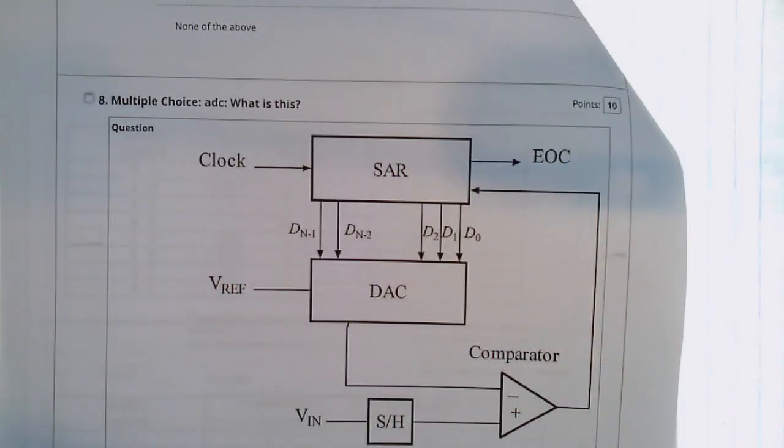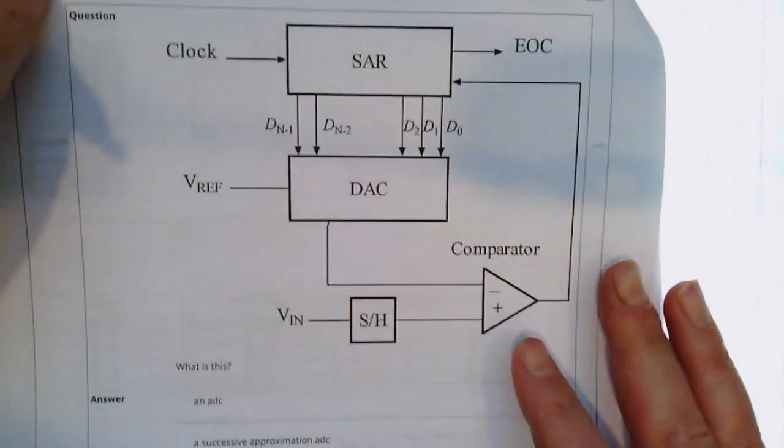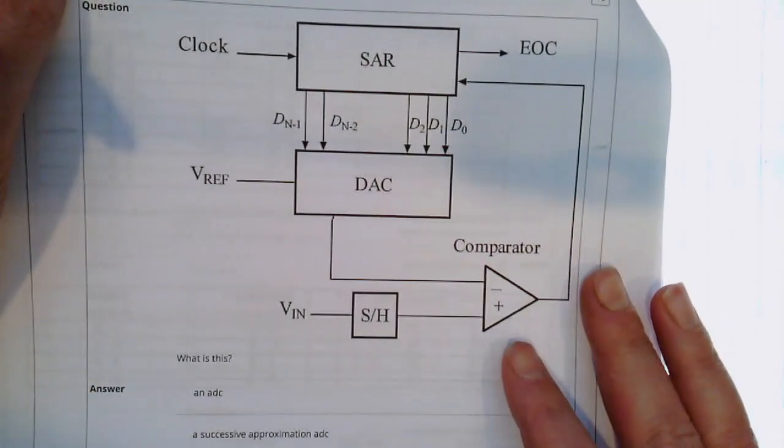What's the opposite of a digital to analog converter? I'm not getting anyone participating in the chat here. Yep, that's an analog to digital converter. So the choices are, is it an ADC? Yes. Is it a successive approximation ADC? And the answer is yes.